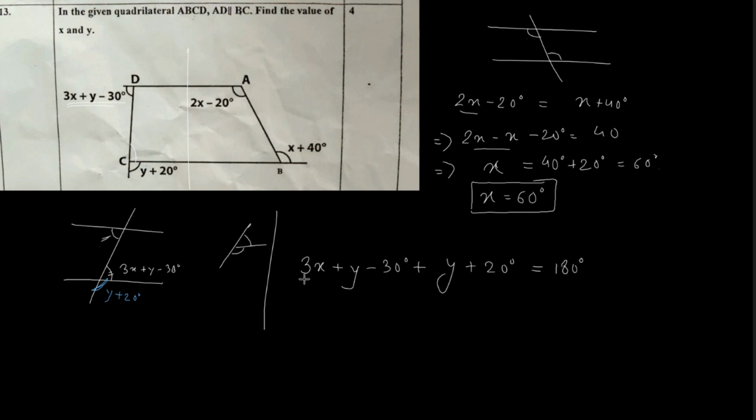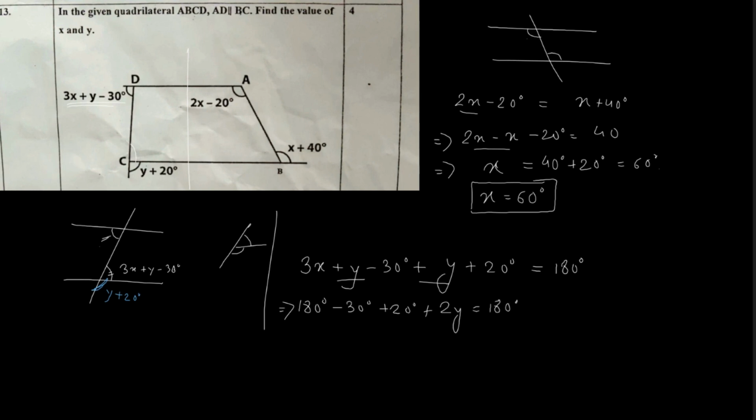So now let's look here. We have y and 3x. So we know the value of x. The value of x is 60. So 3 times 60 is 180 degrees minus 30 degrees plus 20 degrees plus 2y is equal to 180 degrees.